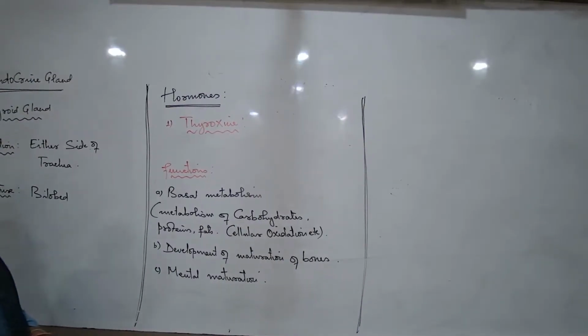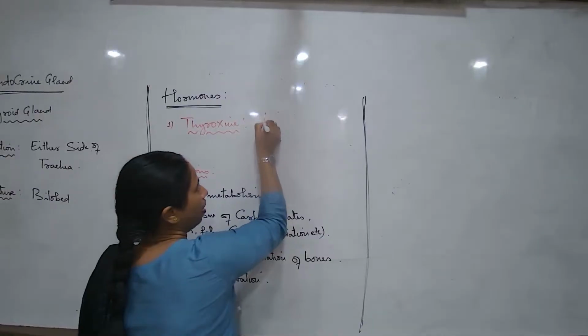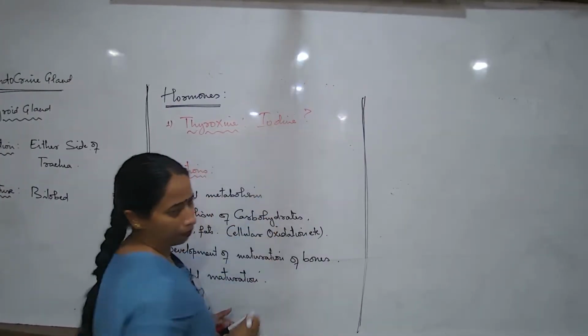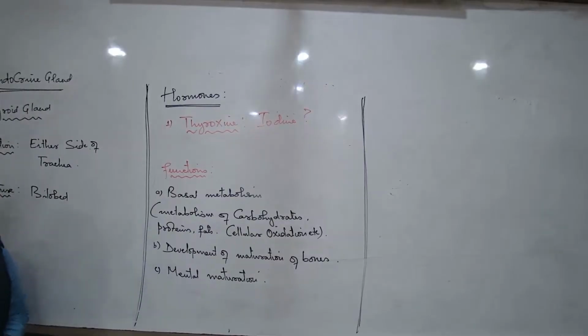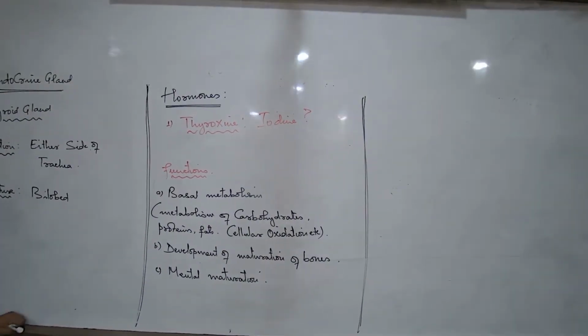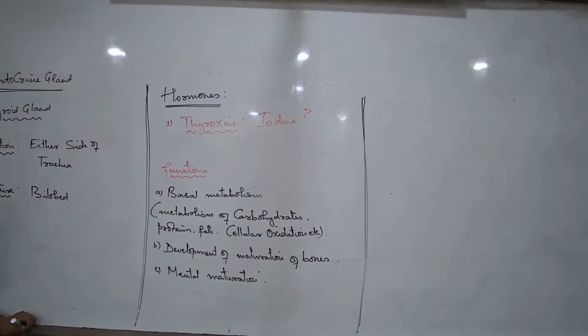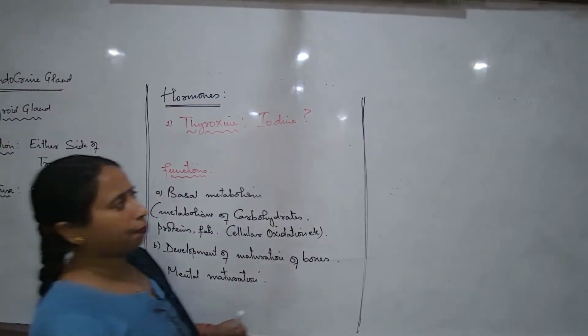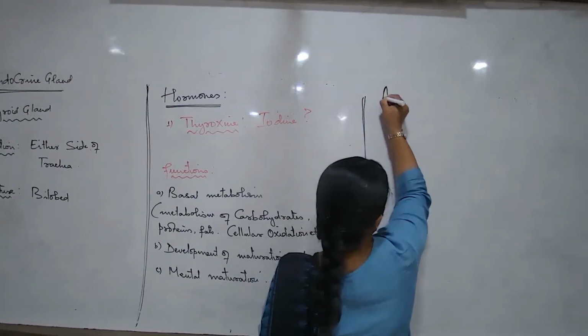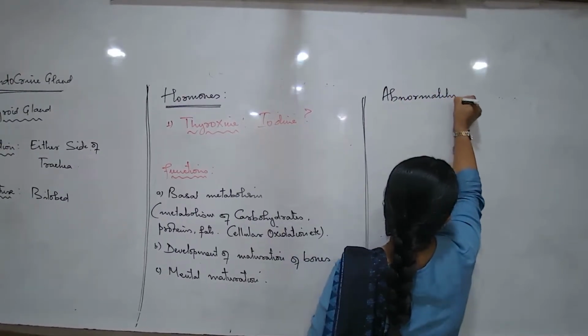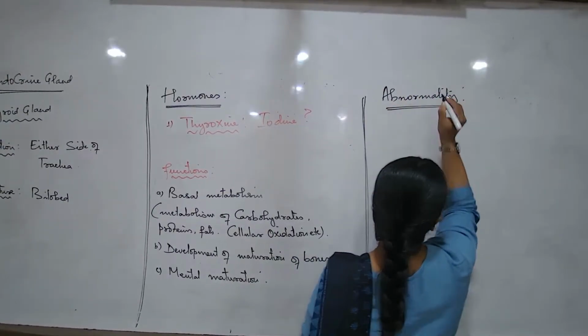With reference to thyroxine, something more to remember. Iodine plays an important role. What is the role of iodine here? Iodine, a mineral element, is very much necessary for the synthesis of thyroxine from the thyroid cells. What will happen to an individual if there is a deficiency of iodine?